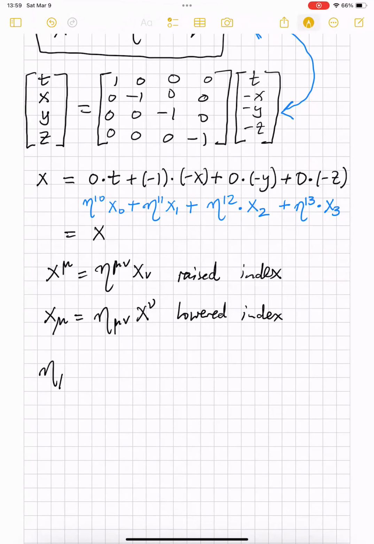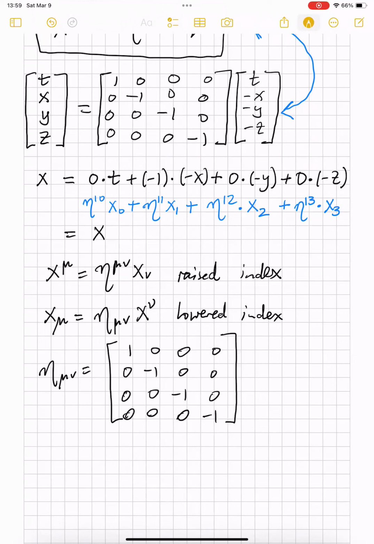Well, it turns out that the components of eta mu nu are exactly the same as the components of eta with two contravariant indices. So whether the two indices are contravariant or covariant doesn't matter. The matrix elements are the same.